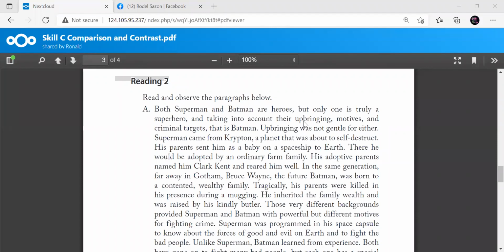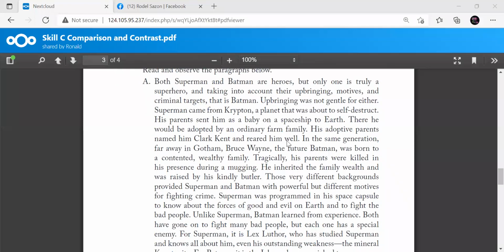So if you use the point by point method, i-discuss ang upbringing ni Clark Kent o ni Bruce Wayne tapad lang sila. Then after that, talks about their motives. Then gisgutan nila mga criminal targets, Lex Luthor o si Joker. Then conclusion. So point by point ni siya.